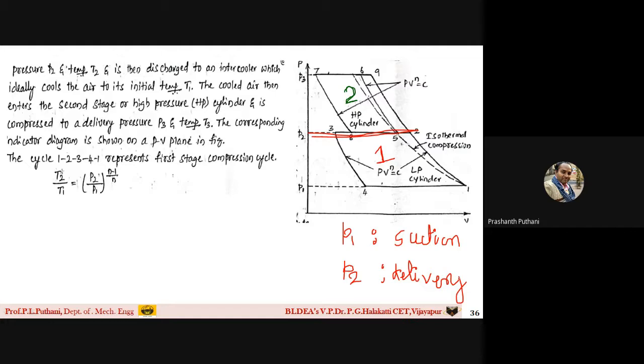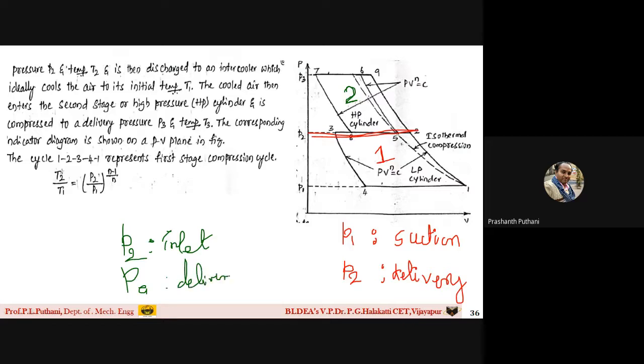Now, this we have written with respect to the first cylinder. If I go with respect to the second cylinder, the second stage, what is the inlet pressure? P2 is the inlet pressure or suction pressure, whereas P3 is the delivery pressure.